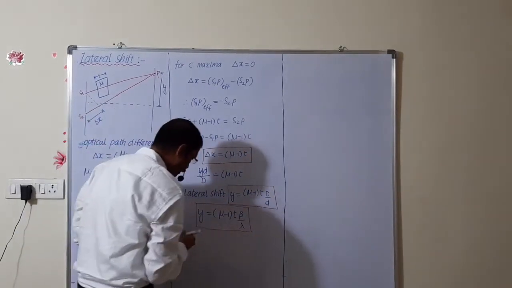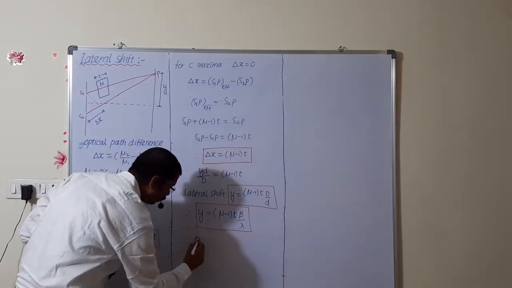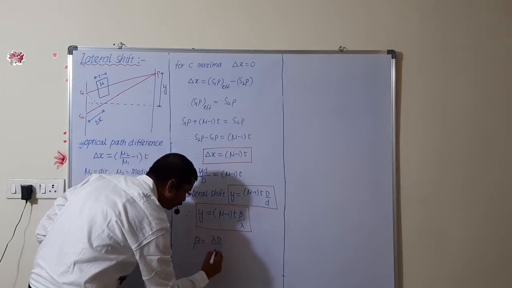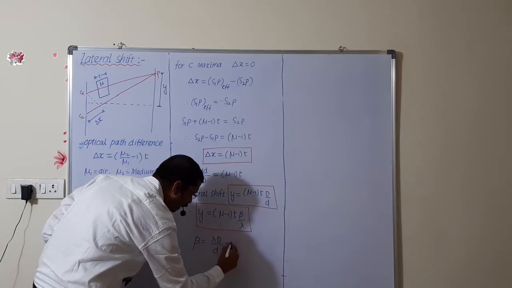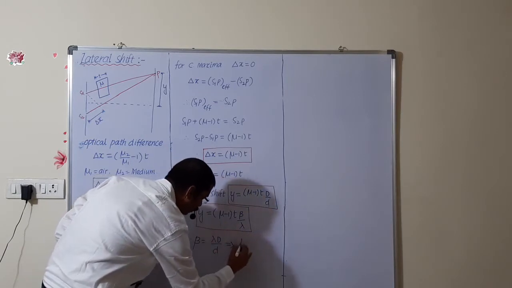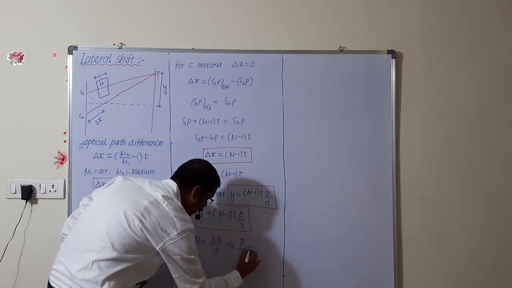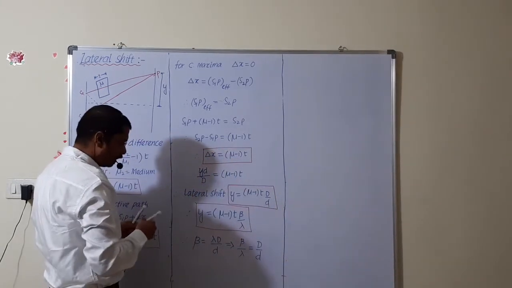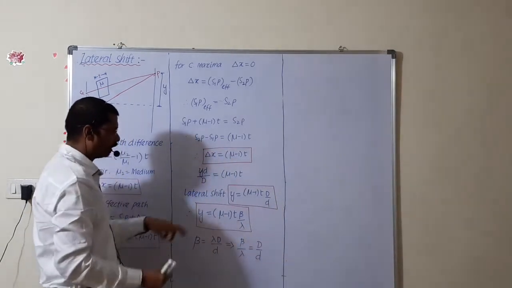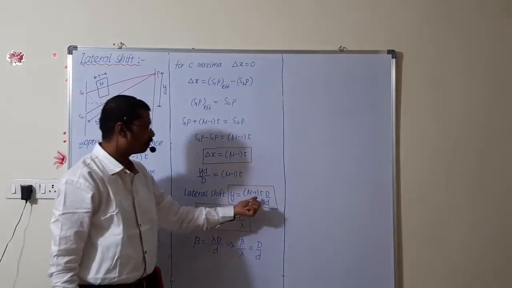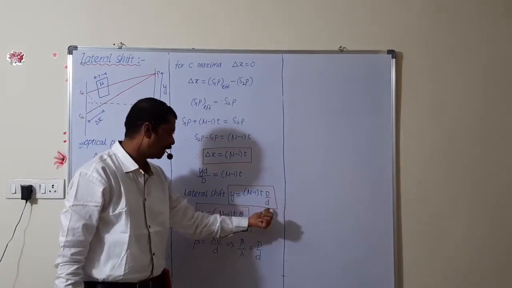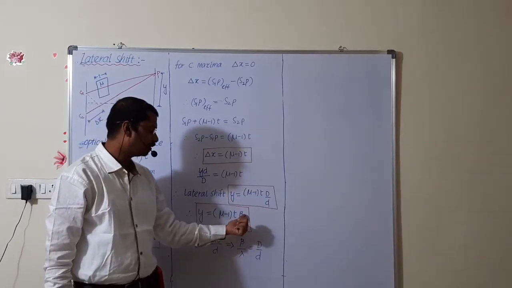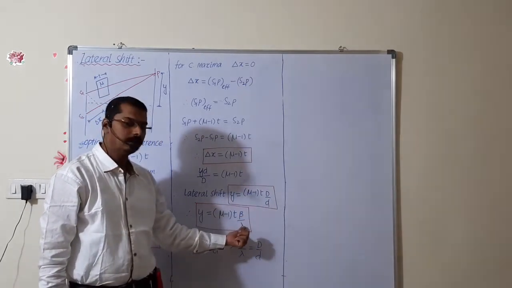Here beta is equal to lambda capital D upon small d, so beta upon lambda is equal to capital D upon small d. That value I substituted here.